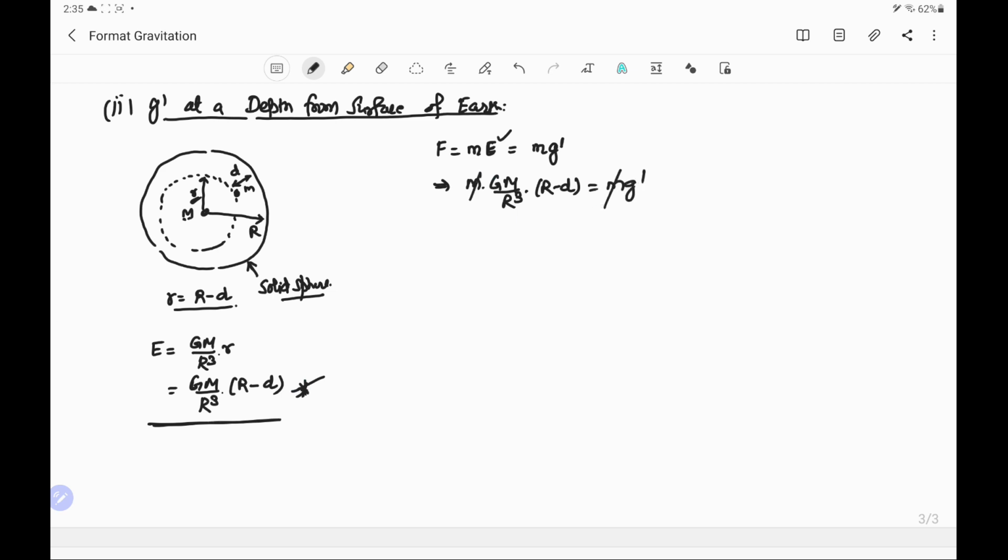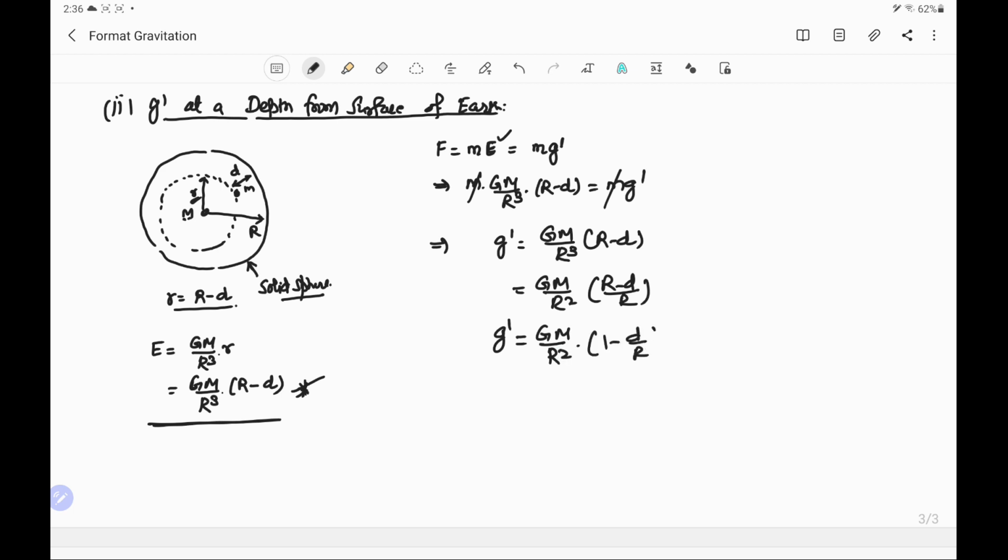So m and m will be cancelled out. This implies that g dash is equal to G M by R cube into (R minus d), or we can write it as G M by R square, and if we take one R inside, it will be (R minus d) by R, or g dash equals G M by R square into (1 minus d by R). This G M by R square is g, the acceleration due to gravity at the surface of the earth.